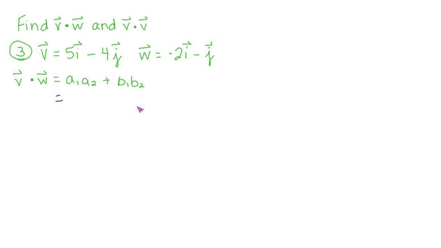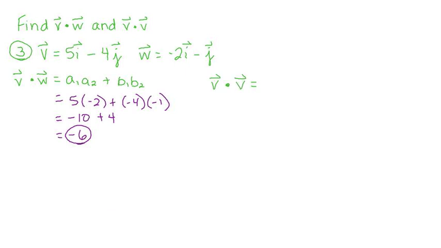So that's going to be 5 times negative 2 plus negative 4 times negative 1. And that gives me negative 10 plus 4, which is negative 6. So the dot product of v and w is negative 6.